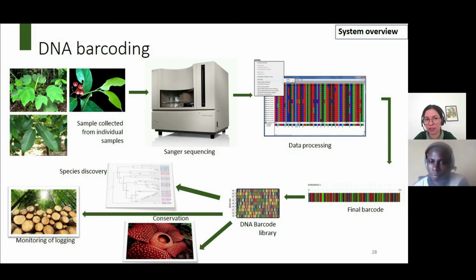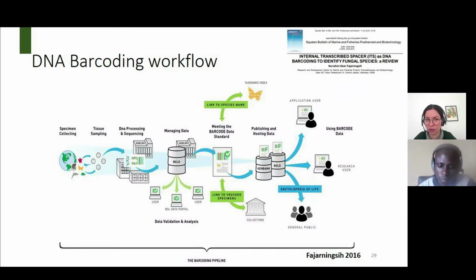Here you can see how the workflow of the DNA barcoding method happens. First we have the sampling of your studied organism, maybe one specific plant, and we take just a little bit of leaf material.